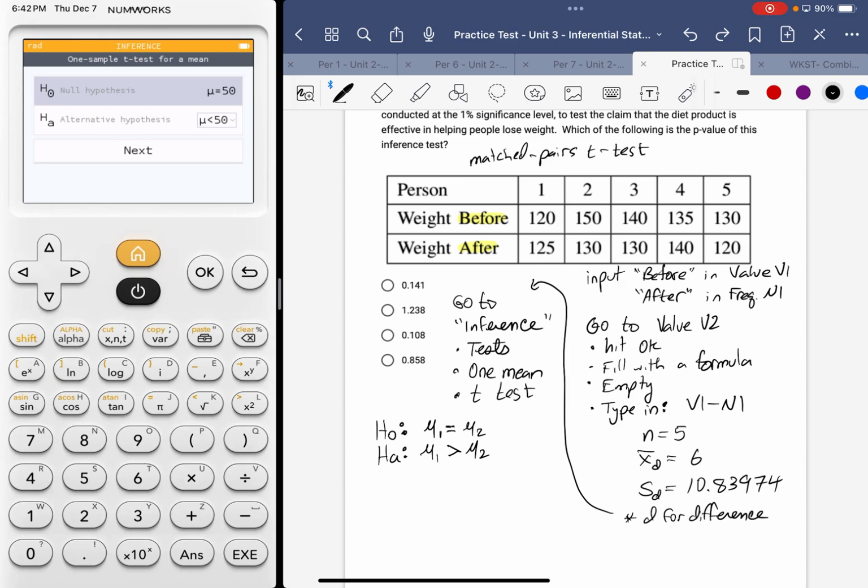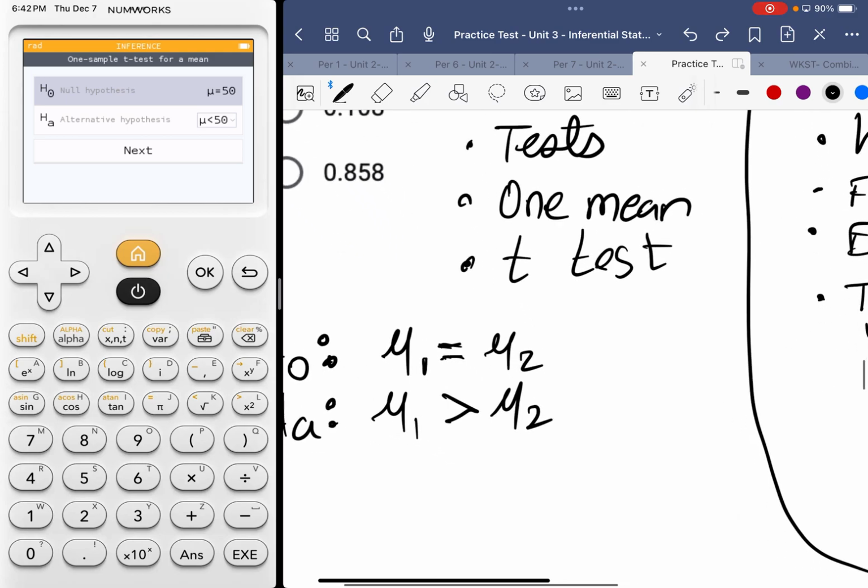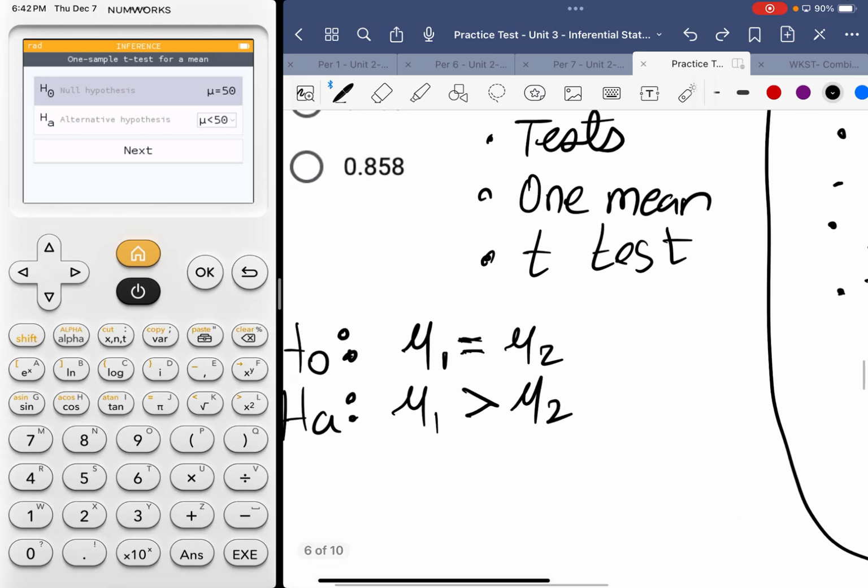So what we do for this is we put in, it's really based off of the alternative notation here. Mu1 minus mu2 is equal to 0. And this is the same as saying mu1 minus mu2 is greater than 0, right?